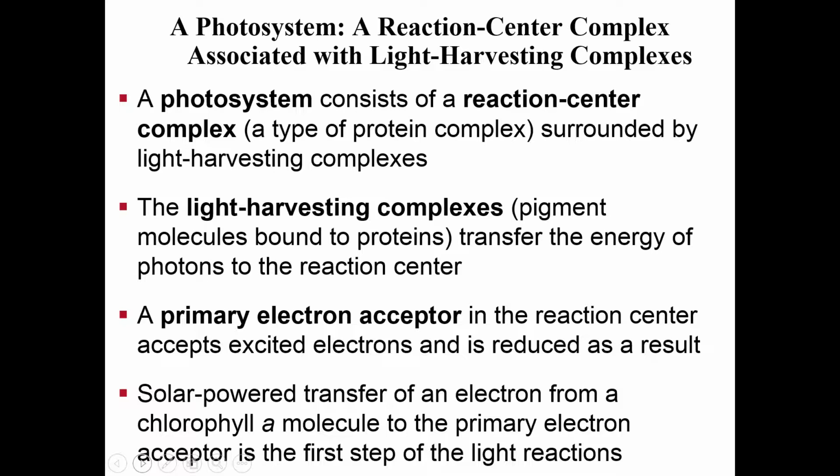Your pigment molecules like chlorophyll a, b, and carotenoids, among other plant pigments, are responsible for absorbing various wavelengths of light, capturing that energy through the excited electrons in their pigment molecules, and then transferring those electrons to other plant pigments, which are eventually donated to a primary electron acceptor within this reaction center.